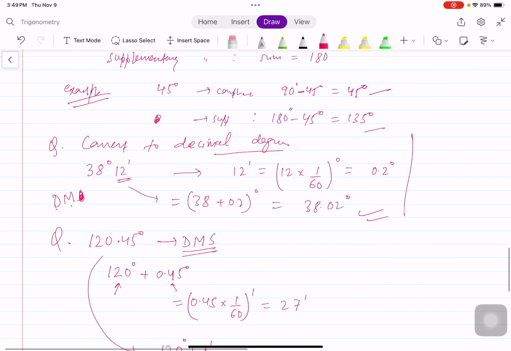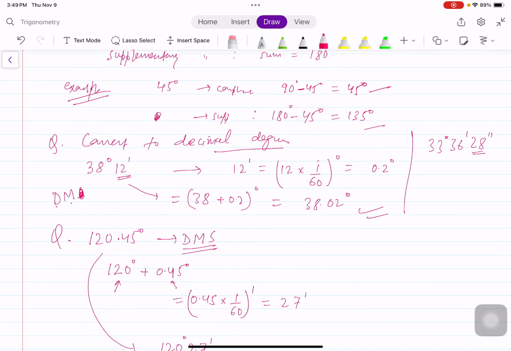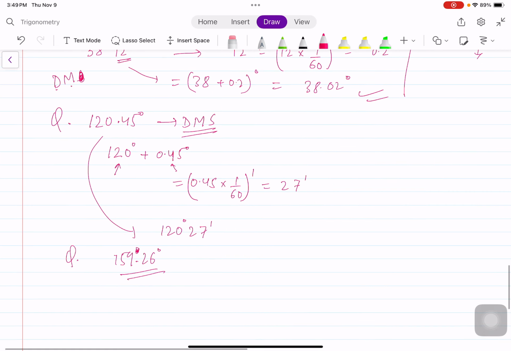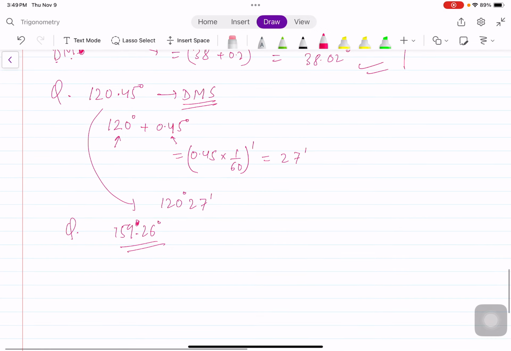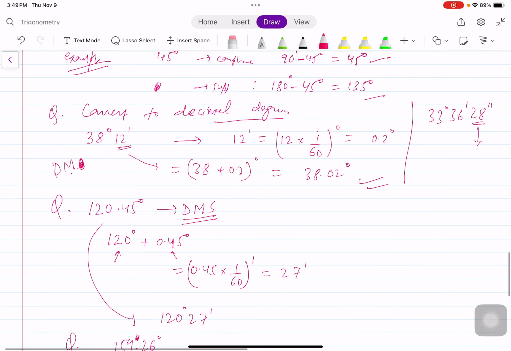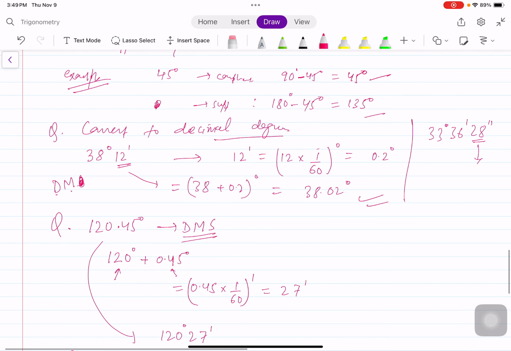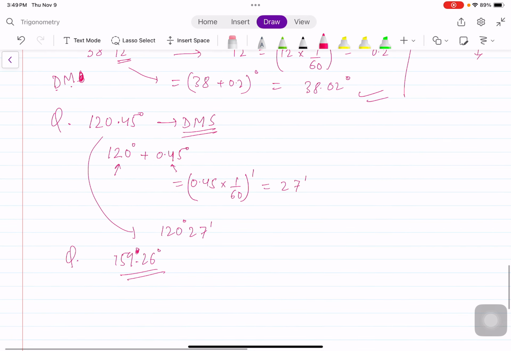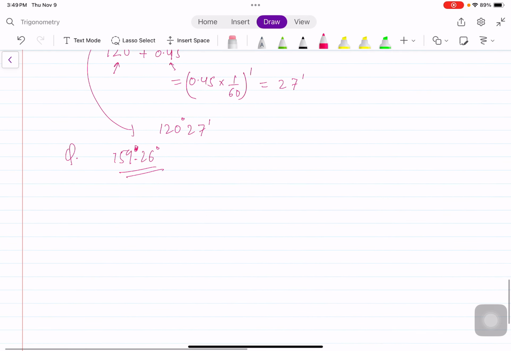To find the decimal degree of 33 degrees, 36 minutes, 28 seconds, since there are seconds, you multiply by 1 over 3600. So this is how we do the math while converting from DMS to degrees, or degrees to DMS.